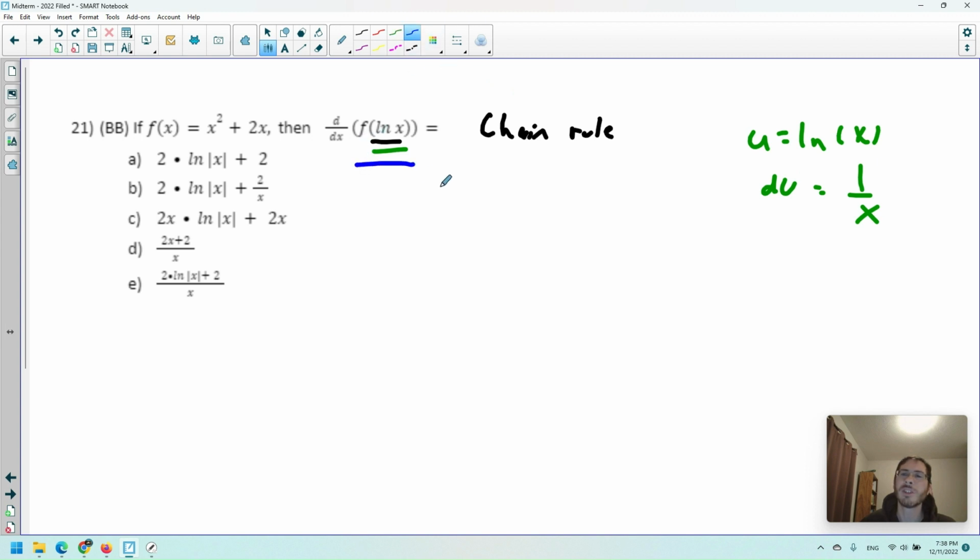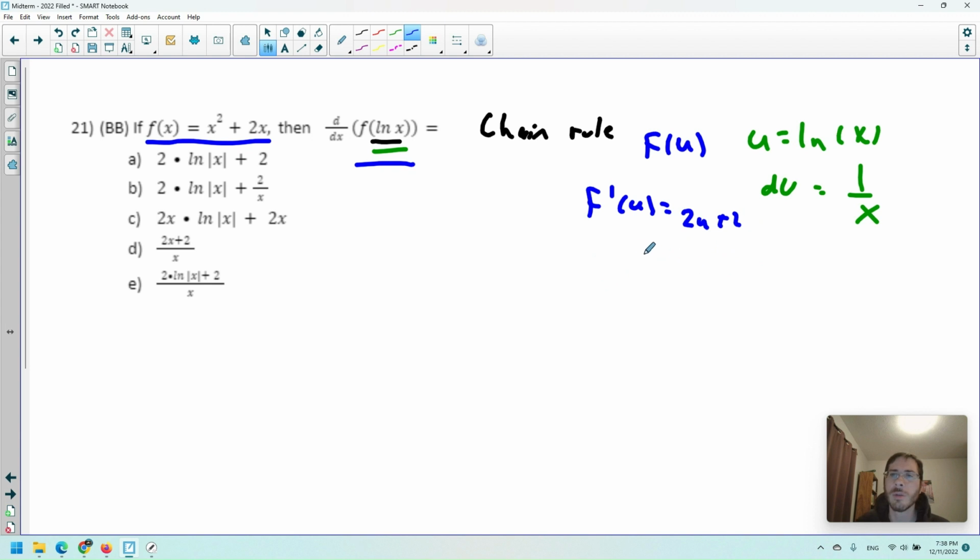Now our outside function is f of x, that'll be f of u in this case. So that means the derivative we have to take from the original function is going to be 2x plus 2, or in this case 2u plus 2.